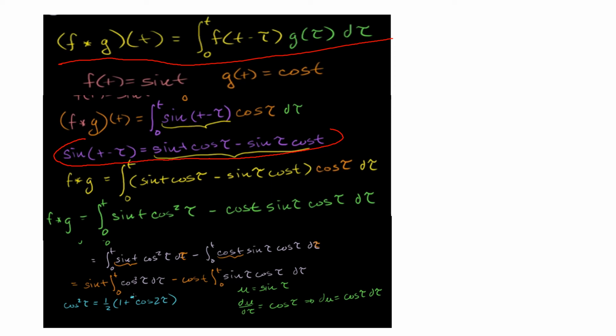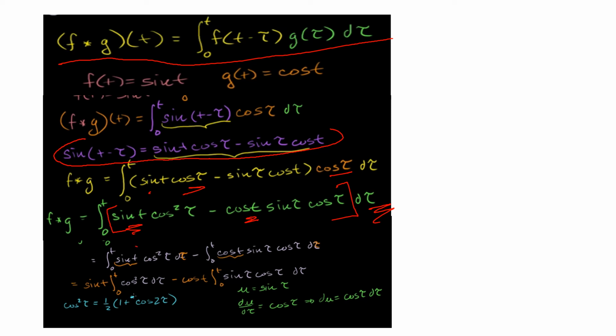Now multiplying or expanding the brackets, this will become sine t cos square tau minus sine tau cos tau cos t, d tau. This is the expansion of the bracket. Now here we have to simplify. The integration is over d tau, so the functions involving time t are constants, and we can take them outside.